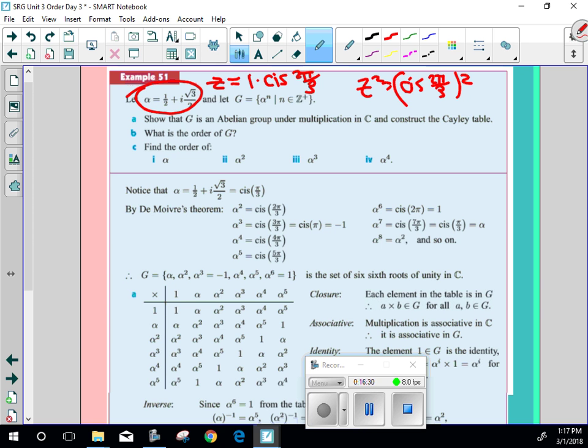What did that do to 2 pi over 3? Changed it to 4 pi over 3, didn't it? And then when we did z cubed, it's cis 2 pi over 3 cubed, and that changed us back to cis 2 pi, which is going to be equal to 1.